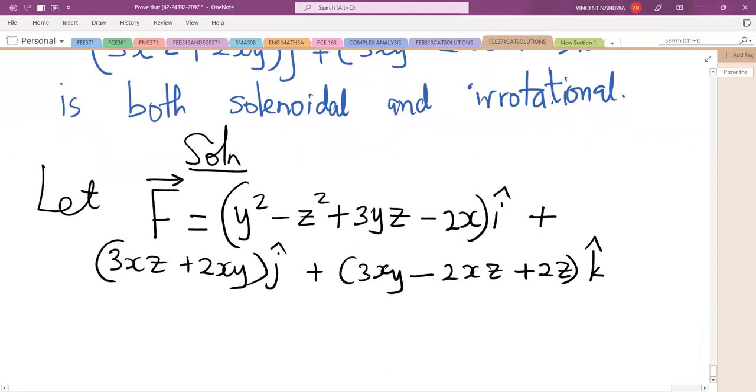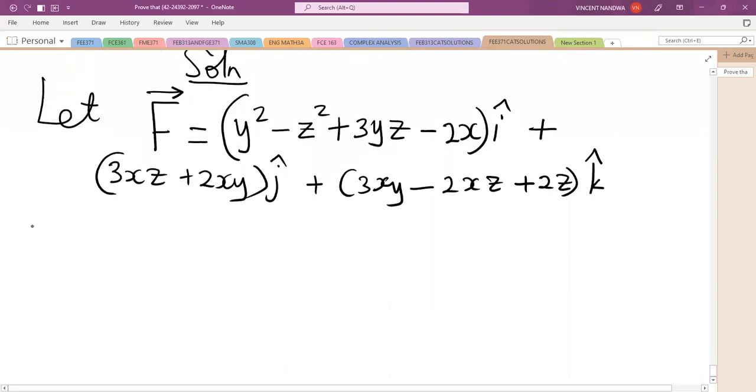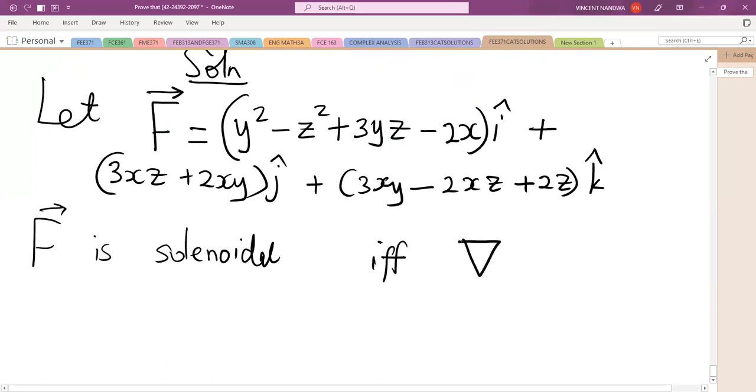Now, f is solenoidal if and only if the divergence of f is 0. So let's define the divergence of this vector.